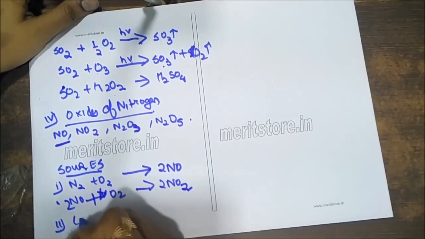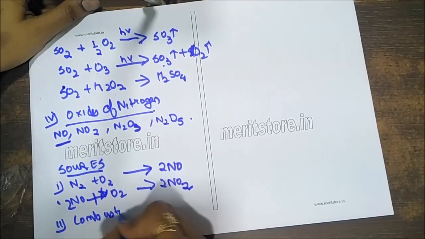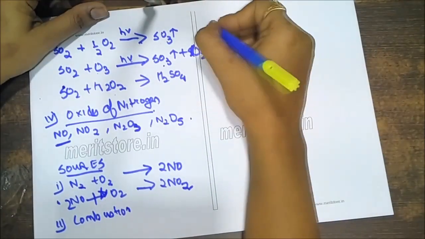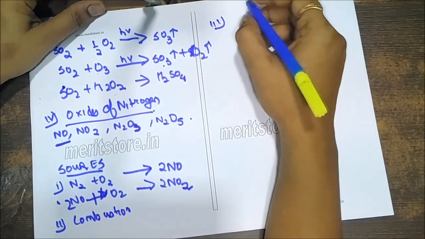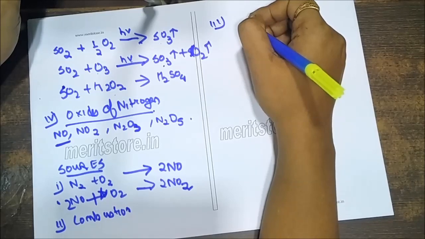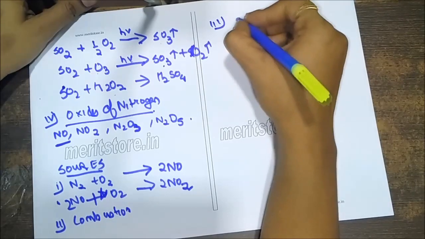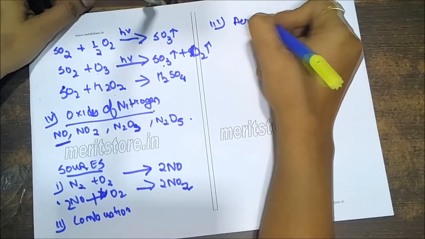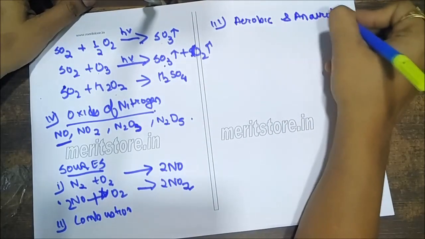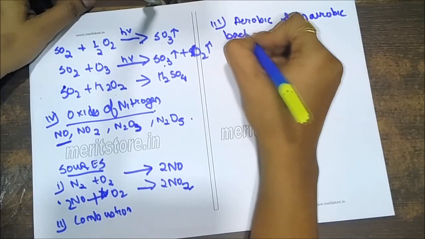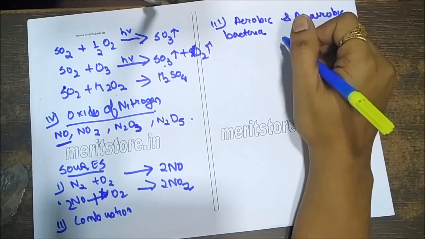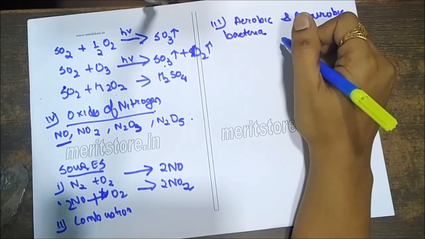Second source is during combustion. So during combustion of fuels, a huge amount of nitrogen dioxide is released. Next source, it is produced by the action of aerobic and anaerobic bacteria in the soil on nitrogen based fertilizers. So when aerobic and anaerobic bacteria carry out their activity in soil, they also release nitrogen oxides into the air.